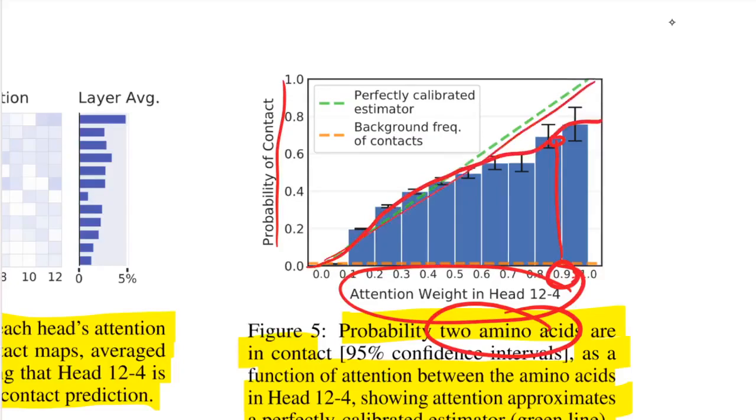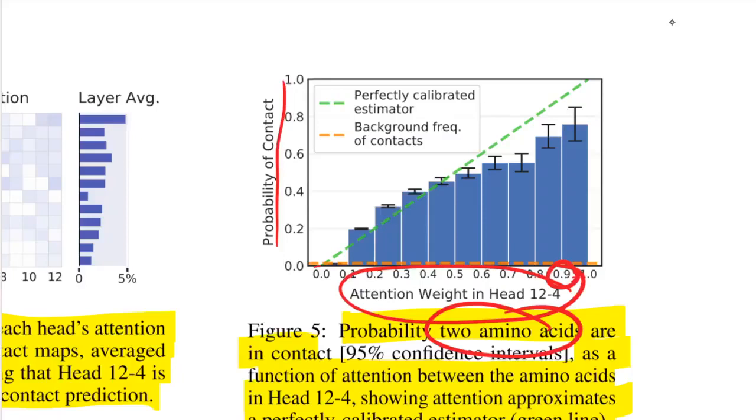And the green curve would be if we could perfectly predict from this attention head what the probability of contact would be. And you can see that the fit is fairly good. You can't predict with super high accuracy, but the fit is fairly good.